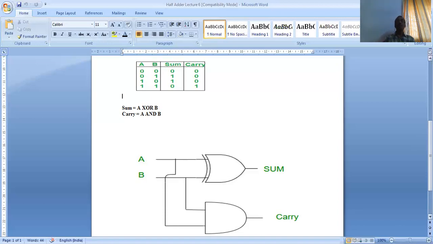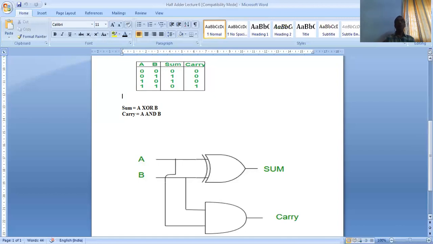You see, here half adder is used for logic addition and to give a sum and carry. That means it gives the addition of two binary numbers and also it gives carry.